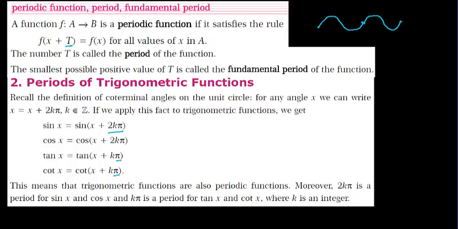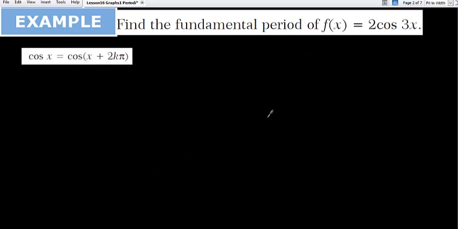If we solve some questions about these, for 2 times cosine 3x, we are going to solve the question. We are going to use the formula f(x) is equal to f(x plus T) to find the fundamental period here. At the same time, we know that cosine x is equal to cosine of x plus 2 pi k from the reduction formulas. How were the reduction formulas? If you remember, 2 pi plus alpha, in the first quadrant, when you use 2 pi you're not going to change the function.